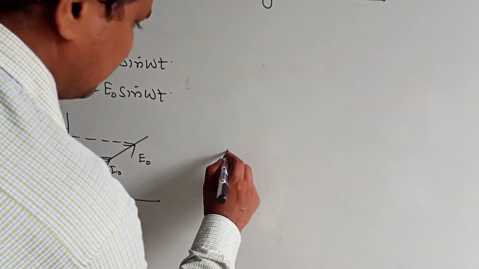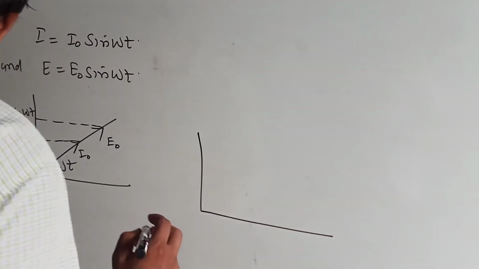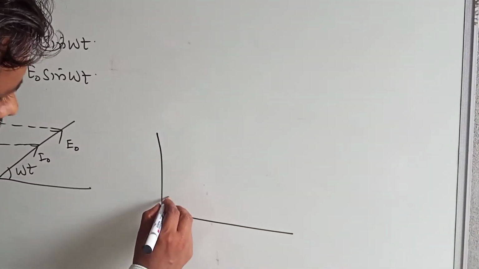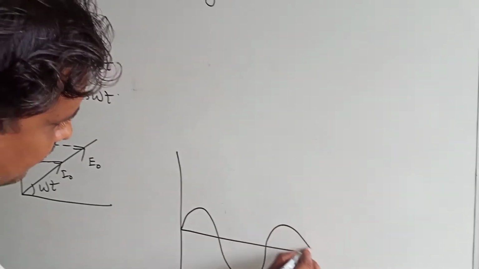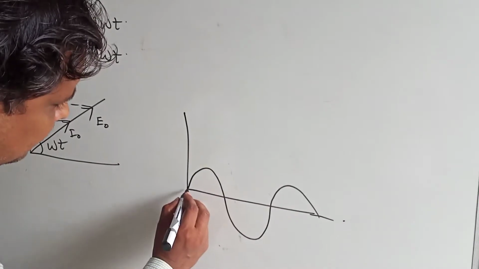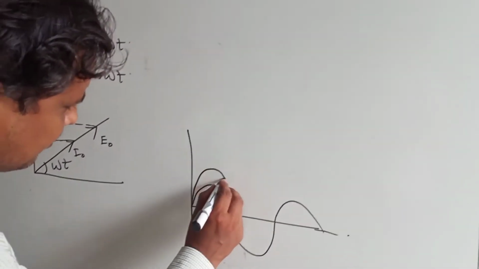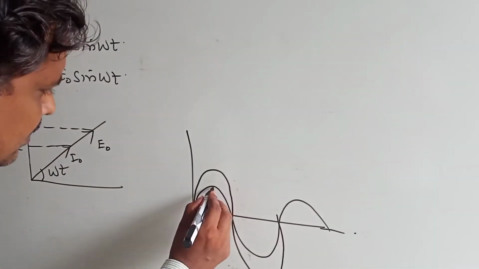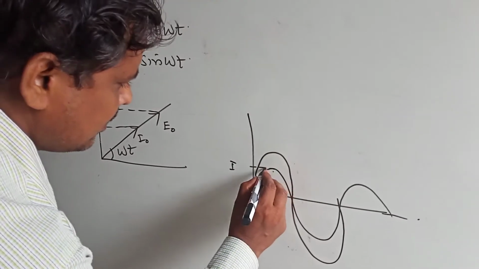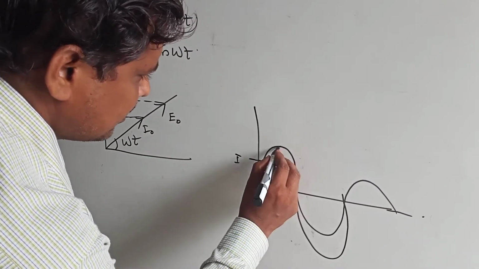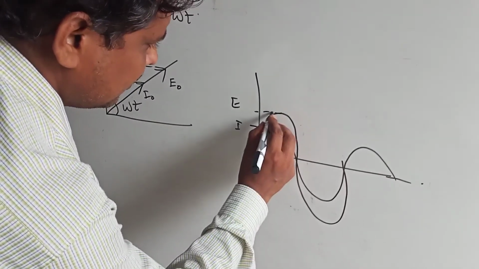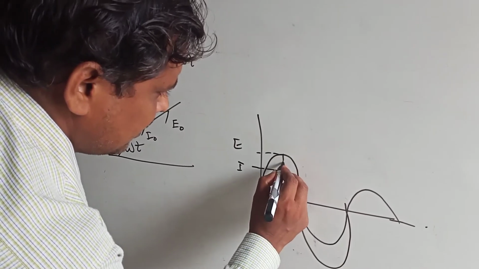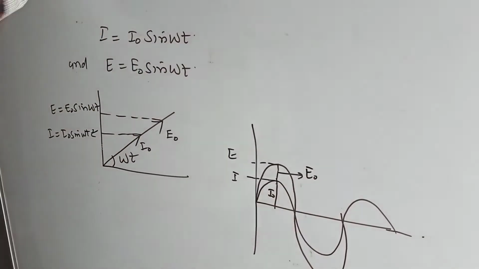Now again it is represented as that is the I, and this is the E, this is the I naught, and this is the E naught.